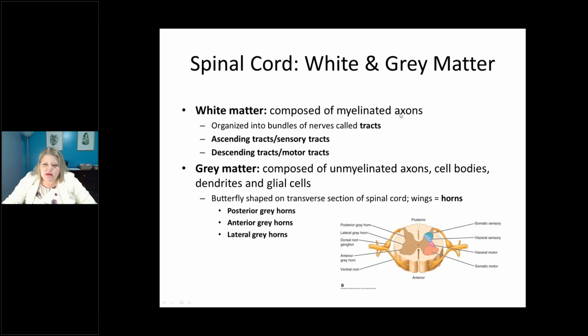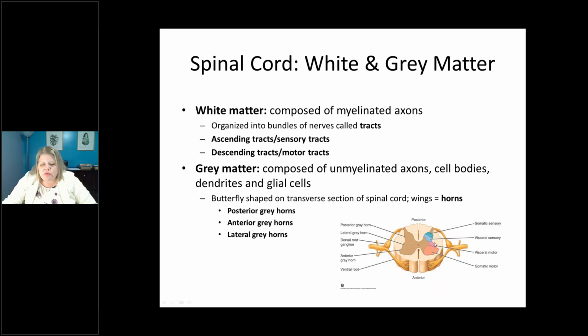The brain receives this input, makes a conscious decision about what motor function it wants to employ, and it will send descending tracts down through the white matter as well on the anterior portion of the spinal cord, and then will make synapses in the anterior gray horn, which will then travel down into the peripheral nerves to whatever effector organ that will be.